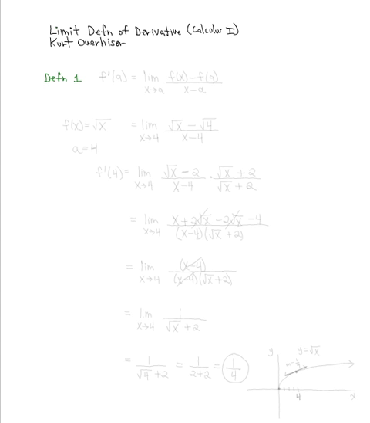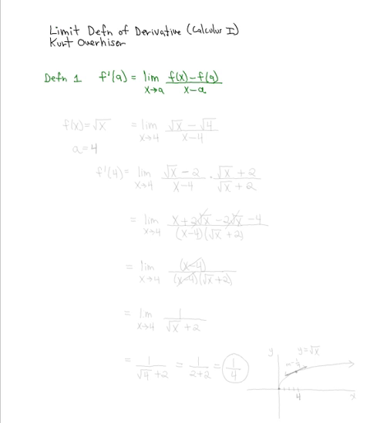Okay, the first definition of derivative is this one right here. It says f prime of a. The prime symbol means the derivative, and that's equal to the limit as x approaches a of f of x minus f of a, the whole thing divided by x minus a.